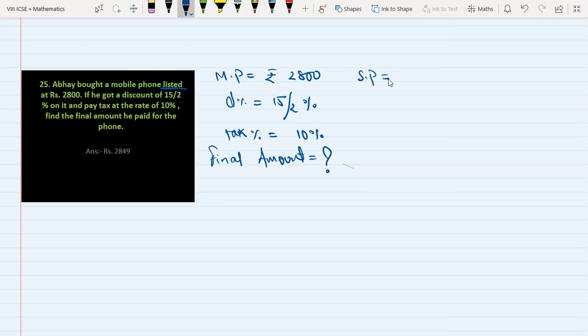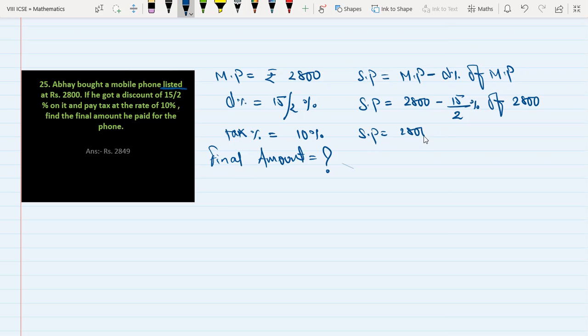So selling price is equal to mark price minus discount percent of mark price. Okay. So selling price is equal to mark price, that is 2800 minus discount percent, that is 15 by 2% of mark price. Mark price is 2800. Okay, selling price is equal to 2800 minus 15 by 2 the whole upon 100 multiplied by 2800.